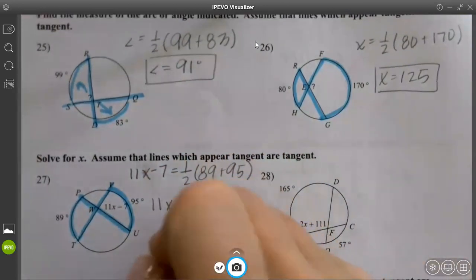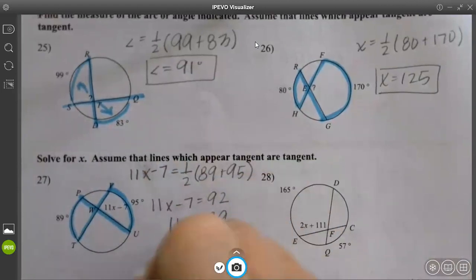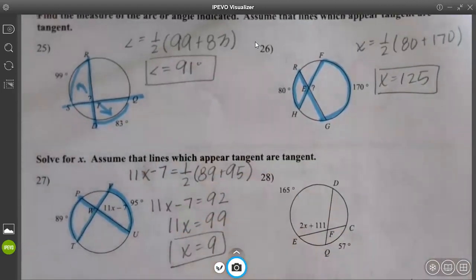We're going to add 7 and get 99, divide by 11 and get 9.